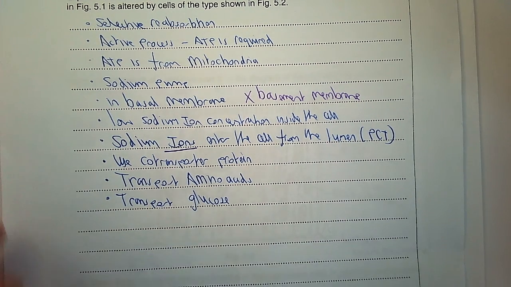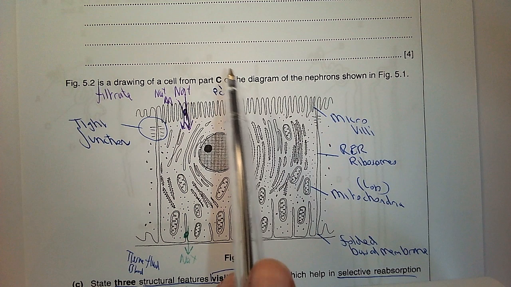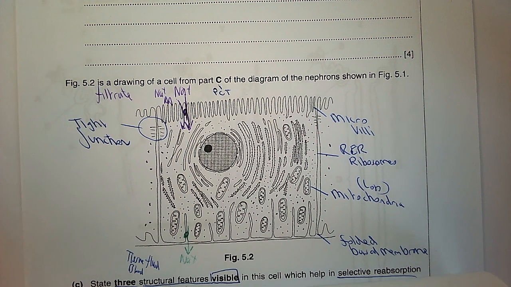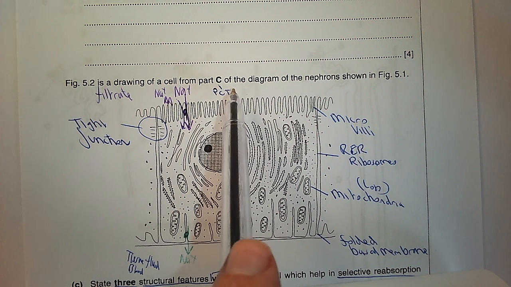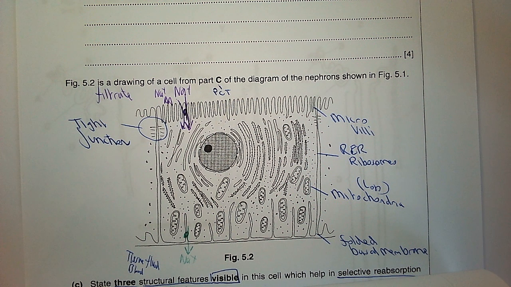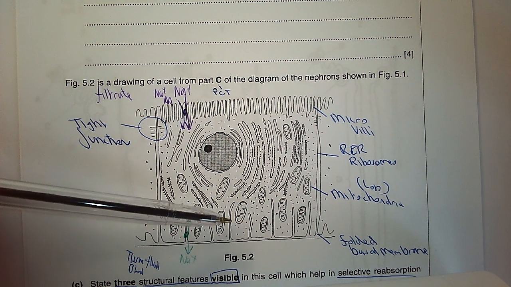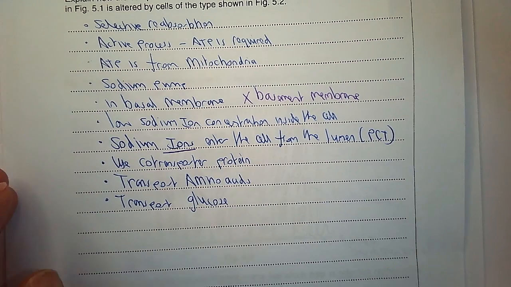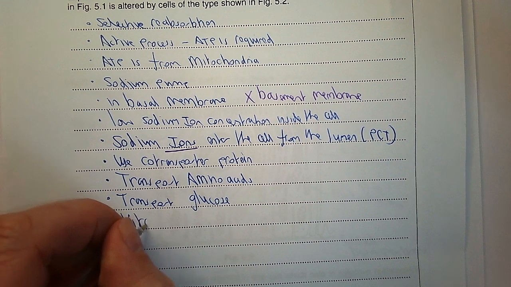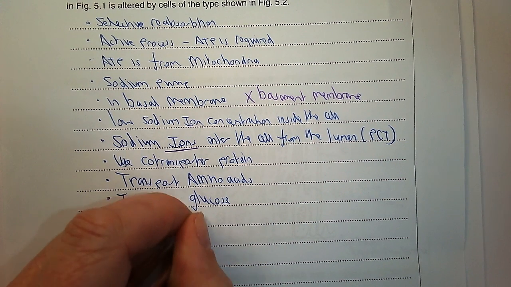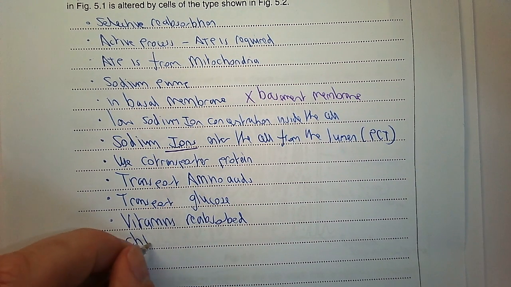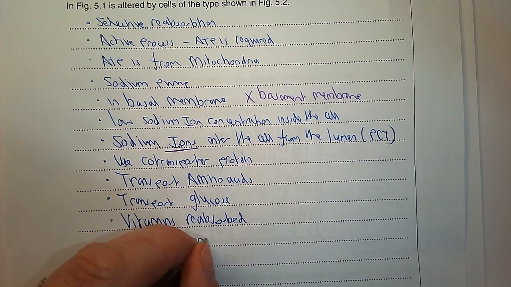Along with this, because you've got a high concentration of vitamins and chloride ions in the filtrate from the ultrafiltration in the Bowman's capsule, they'll move through the cell and then into the tissue fluid as well. So vitamins are reabsorbed, and chloride ions are reabsorbed.